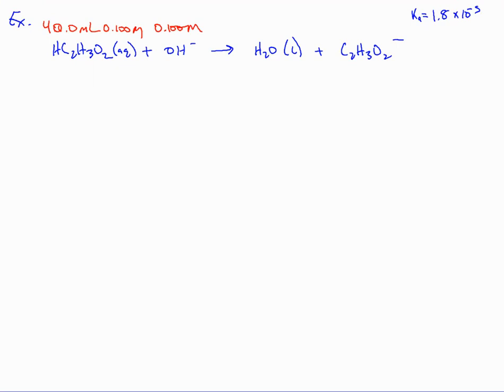In scenario A, it says no hydroxide has been added yet. So there's no hydroxide for the initial reaction, for the stoichiometry step. So we skip straight to the equilibrium step. So here's what's actually happening here.